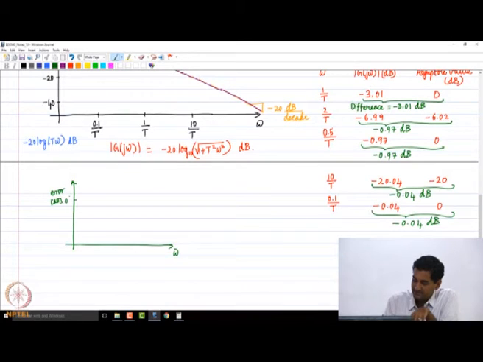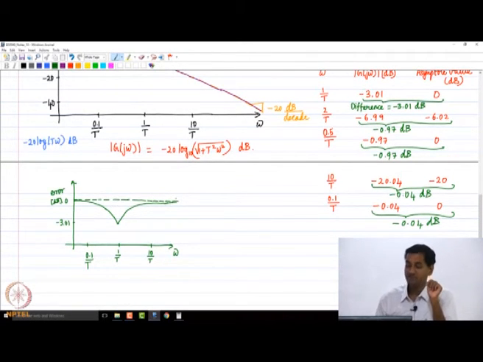If you have 0.1 by capital T, 1 by capital T, 10 by capital T, let us say this is minus 3.01, right. So you are going to have the maximum error here. Beyond that you are going to have on either side a decreasing error profile, which will asymptotically tend to 0. That is what you are going to have as far as the difference is concerned.